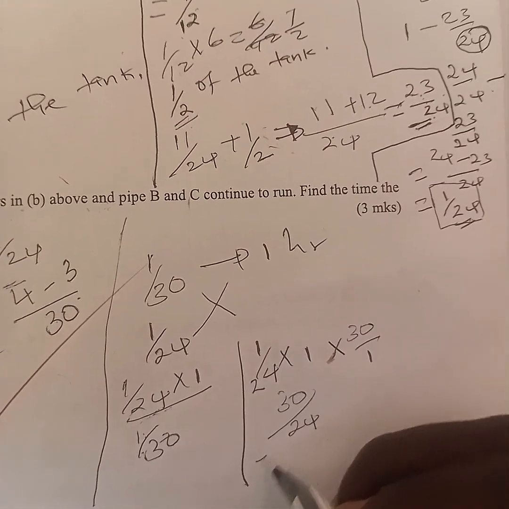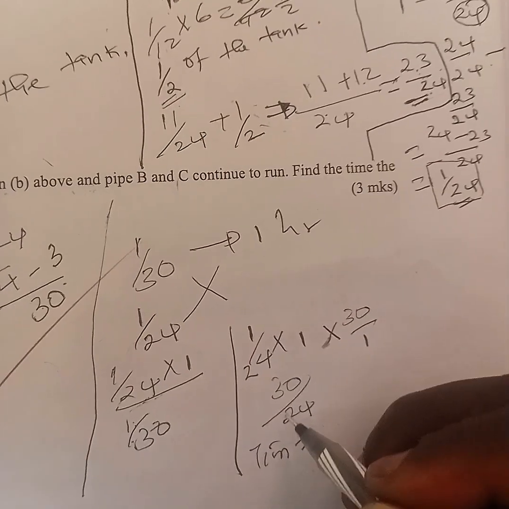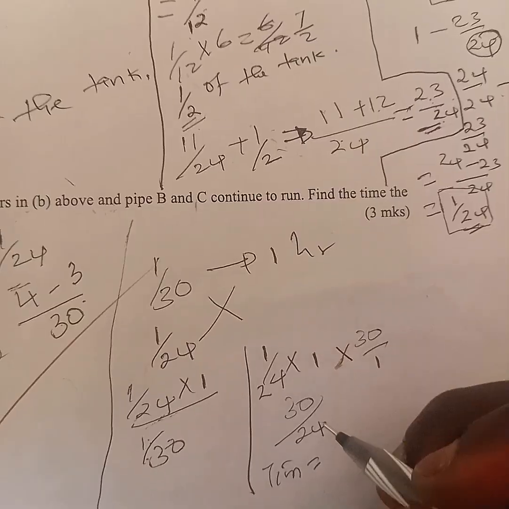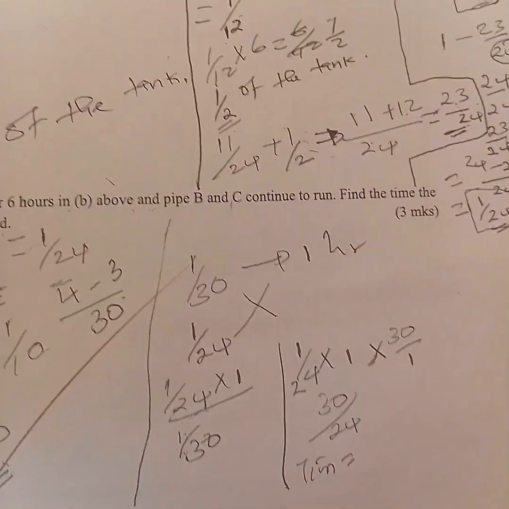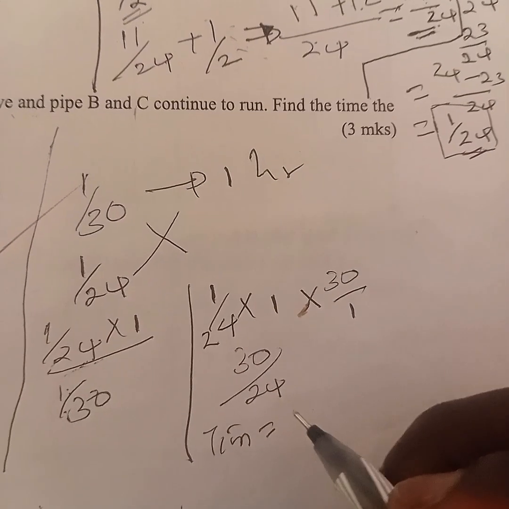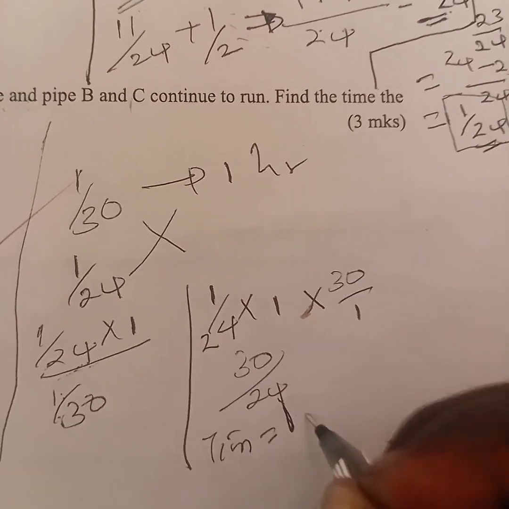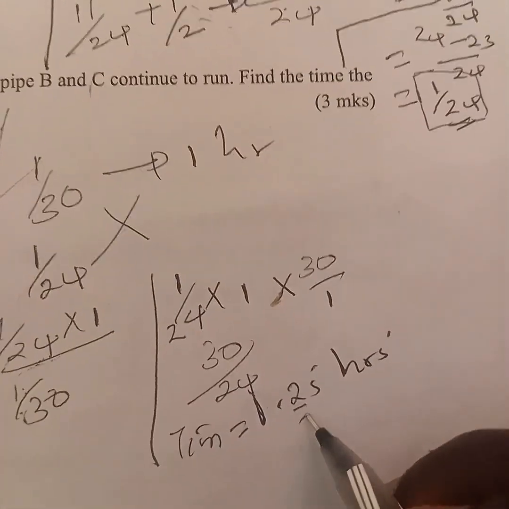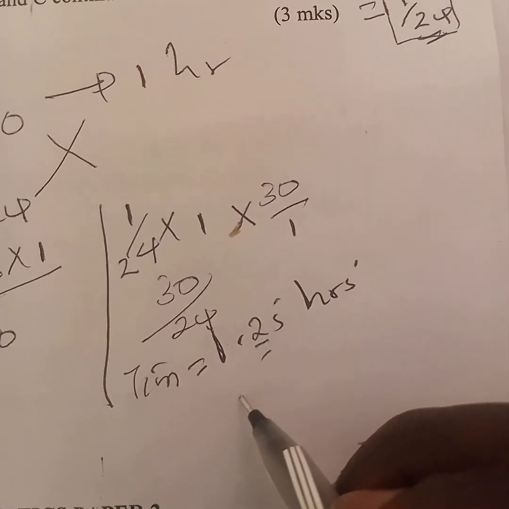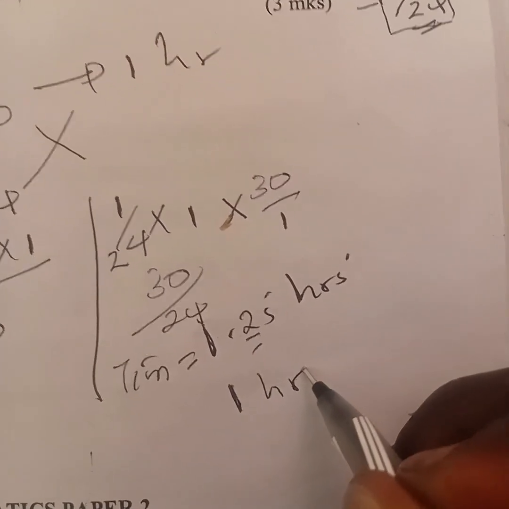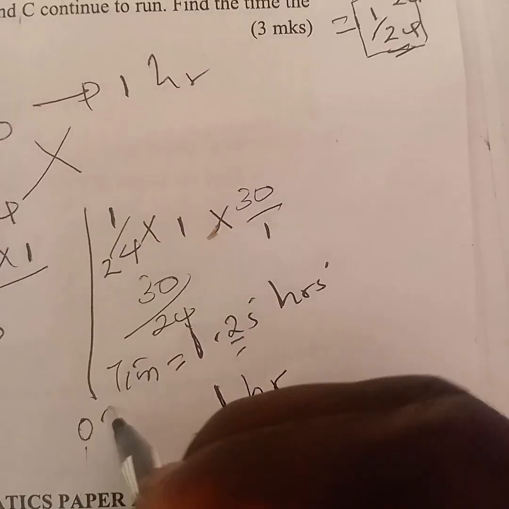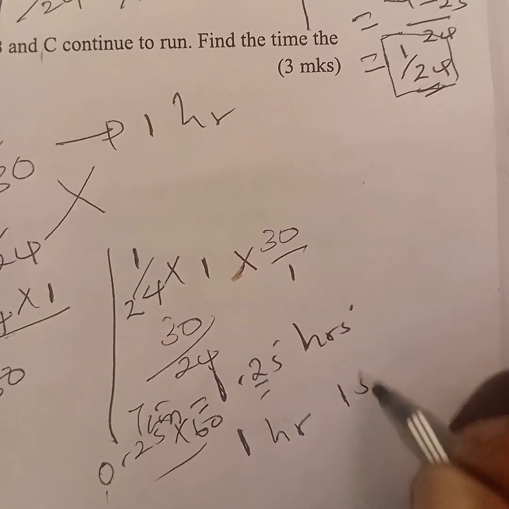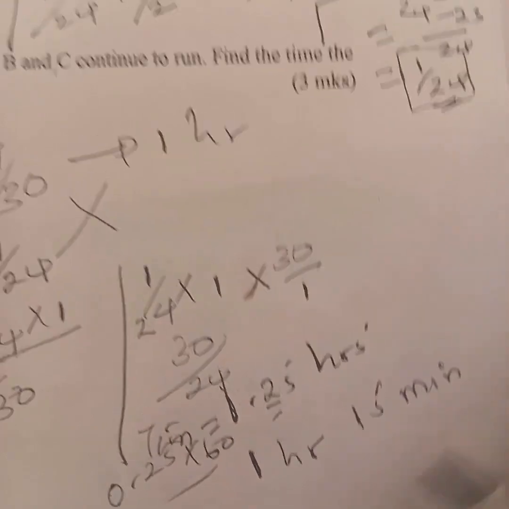So the time will be, in hours, we divide with the calculator. When you divide, you will get 1.25 hours. This will be the answer, or you will leave it as 1 hour, then 0.25 multiplied by 60 is 15, and that will be minutes.